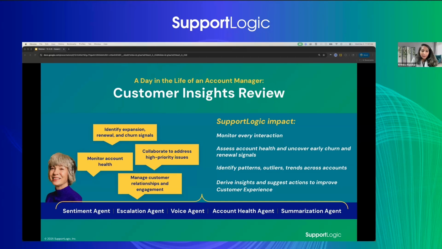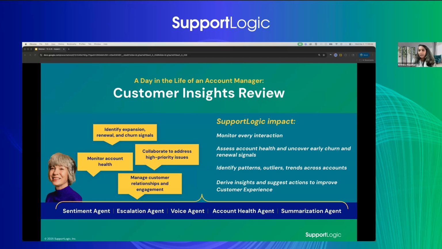Absolutely. All right. So if I'm an account manager, like Ryan mentioned, there are a lot of things that I keep tabs on. I constantly want to monitor the health of my accounts. I don't want any surprises in terms of churn. I want to be on top of renewals. This is how my typical day looks, right? I want to collaborate, I want to engage with my customers. But of course, what would help me is if a lot of these can be automated, and that's where SupportLogic comes in.